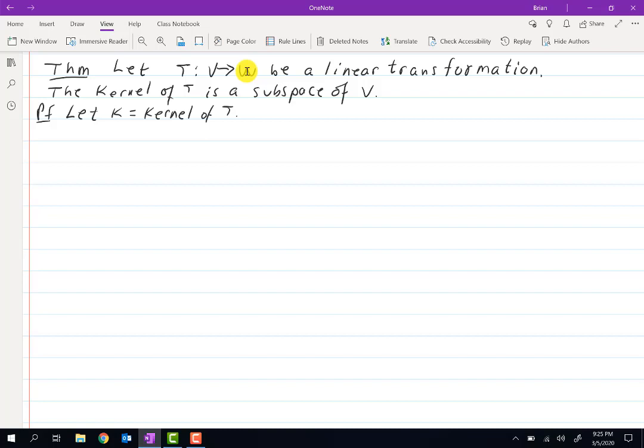In one, let's say we have U and V in K. I want to show that their sum is also in K. Then if I do T of U plus V, this equals T of U plus T of V because of the closure property of addition.